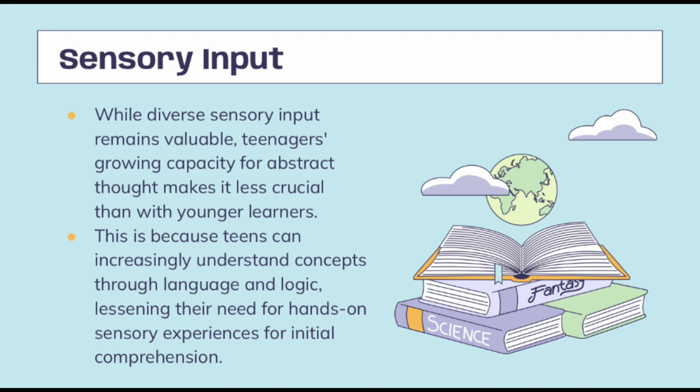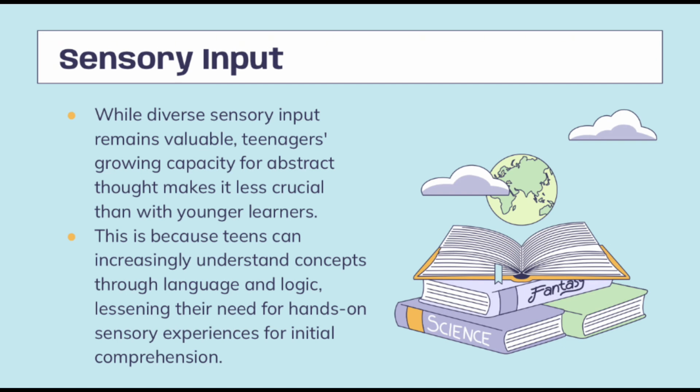Sensory input. While diverse sensory input remains valuable, teenagers' growing capacity for abstract thought makes it less crucial than with younger learners. Although sensory input is still valuable, teenagers rely on it less compared to younger learners because their ability for abstract thinking has developed.